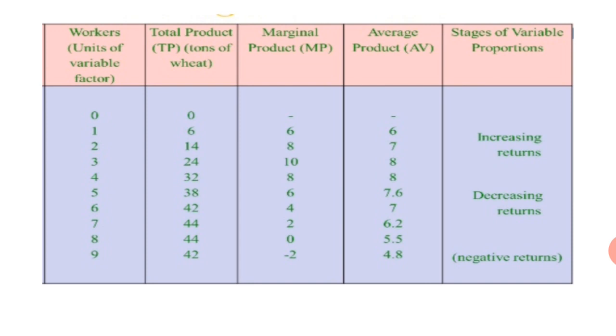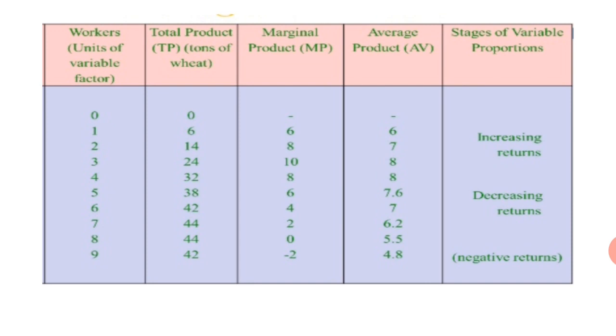Increasing return means the total product is increasing in an increasing form. So there is a difference between the increasing numbers. Increasing in an increasing form means the difference between two numbers goes on increasing. If you do 14 minus 6, how much will it come? 8, which is a greater number.